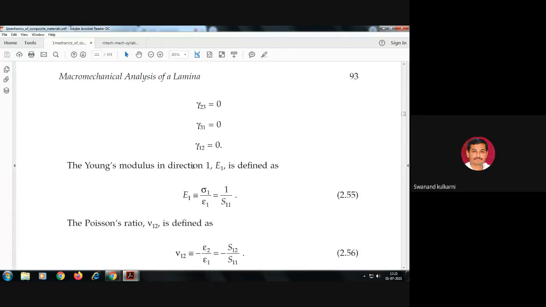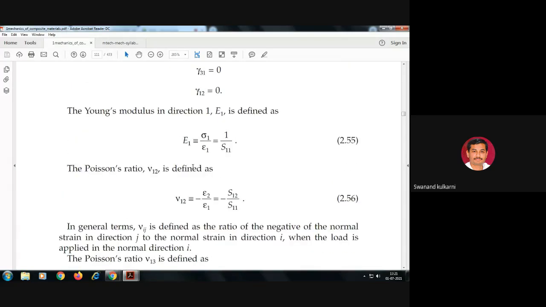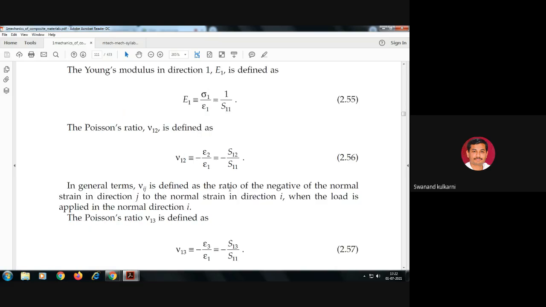The Young's modulus in direction 1, E1, is defined as sigma 1 upon epsilon 1, which is equal to 1 upon S11. The Poisson's ratio nu 12 is defined as minus epsilon 2 upon epsilon 1, which is equal to minus S12 upon S11.